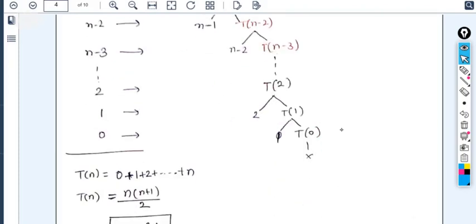So on. How many times will it go? It is decreasing one by one: n minus 1, n minus 2, n minus 3, up to n minus n. That means here the value will become 2, 1, 0. If we raise it n minus n times, it will become 0 now. So that's why we do the decrement up to 0. Whenever it becomes 0, it will terminate over here, right?